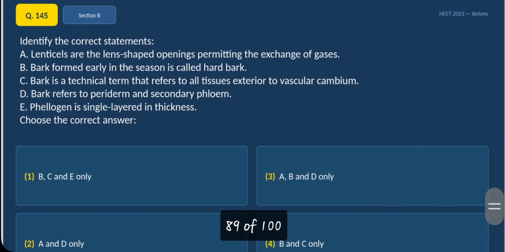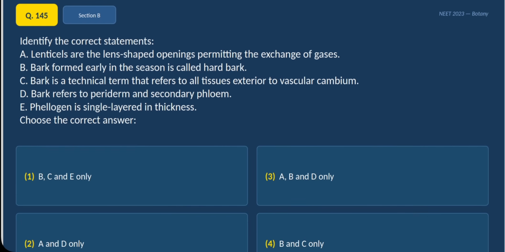Identify the correct statement. Lenticels are the lens-shaped openings permitting the exchange of gases. That is correct. Bark formed early in the season is called hard bark. No, it is called early bark, so bark formed early in the season.